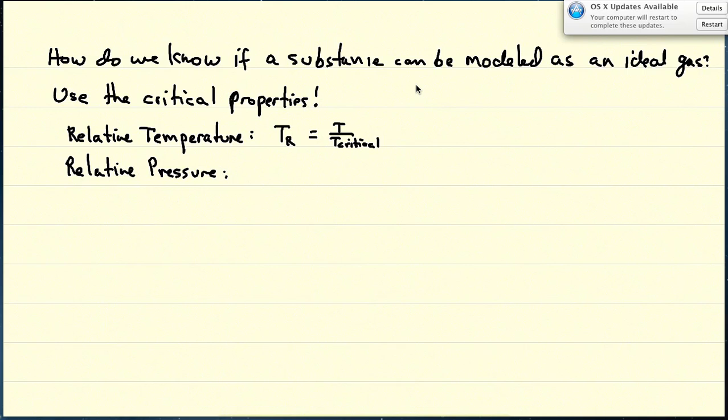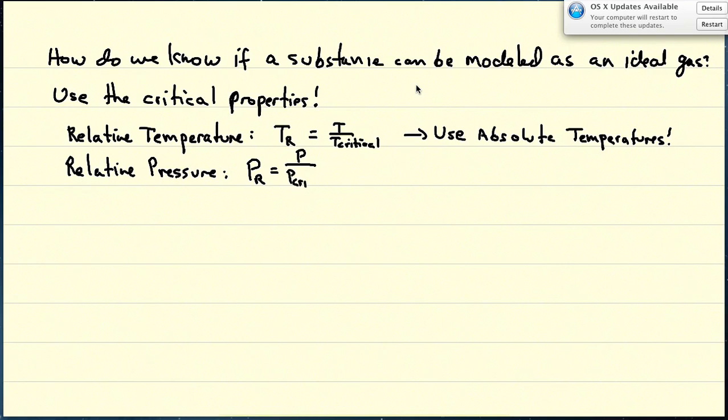And just as a caveat, remember we're doing a division here, so you have to use absolute temperatures. The relative pressure is defined in the same way. We use the letter P for pressure, subscripted with R. That's the relative pressure. This is equal to the pressure of the substance divided by the critical pressure.